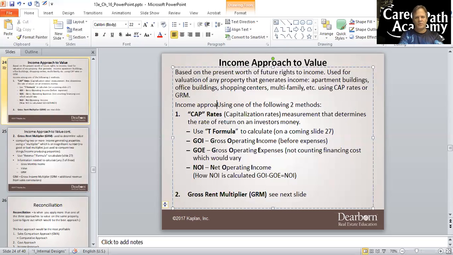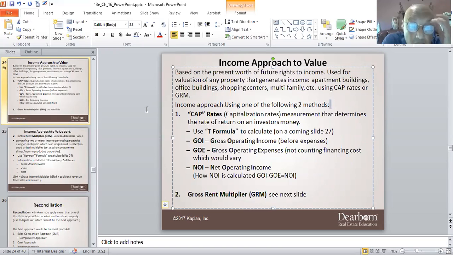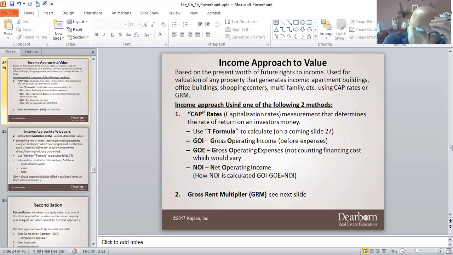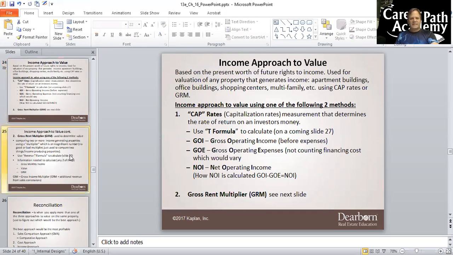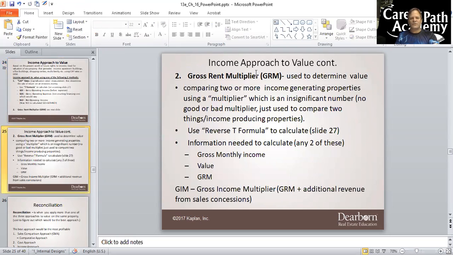The income approach uses one of the following two methods. All right, so next slide. Here we go. Okay, so gross rent multiplier.